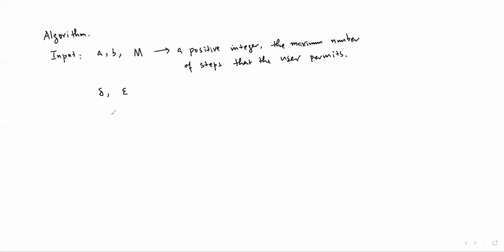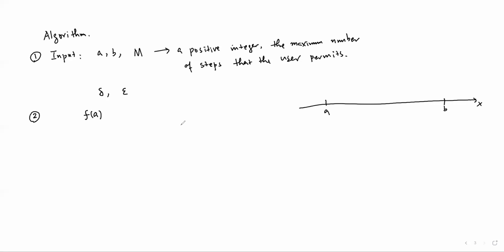Okay, now this is step 1. Step 2: evaluate the function value at point A. This is the x-axis, interval AB here.